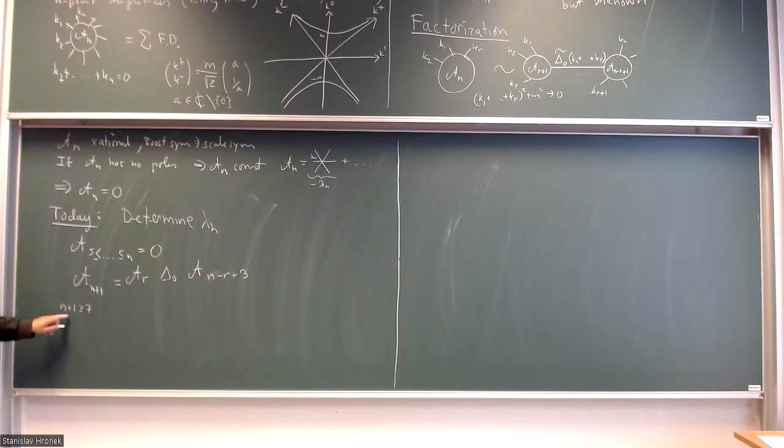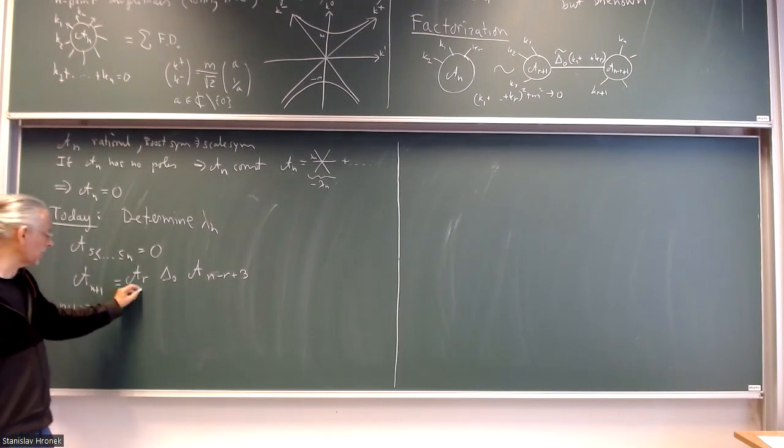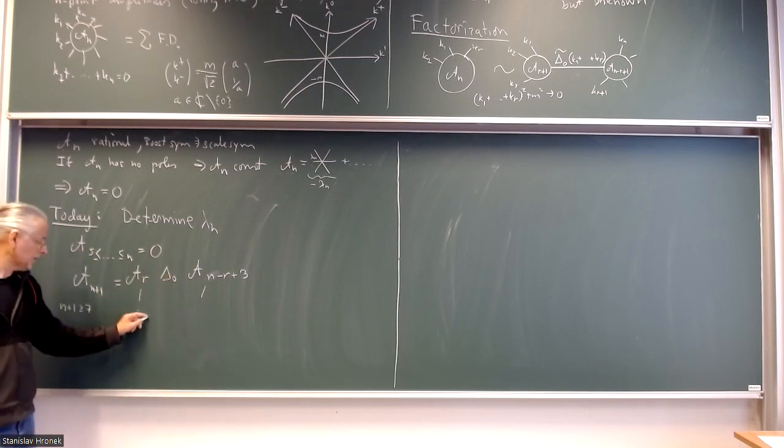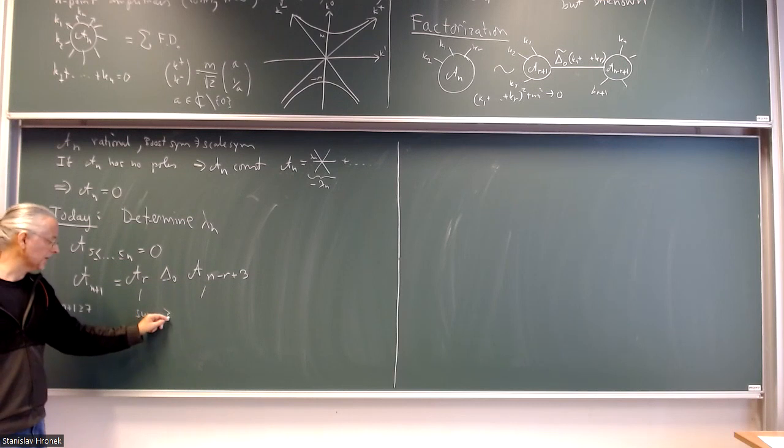So we can assume that n plus 1 is bigger than 7. And therefore we know that the sum of these two, because there's two more, must be bigger than 9.